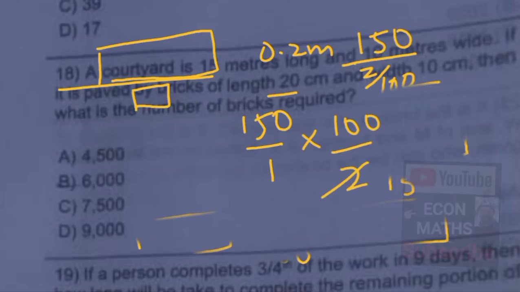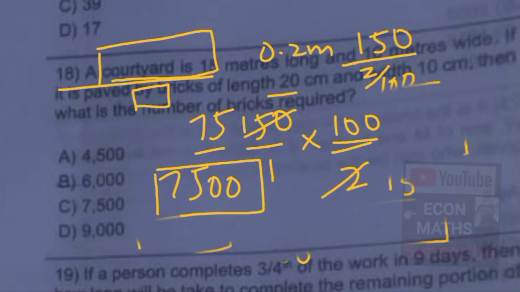So 2 ones are 2, 75s are, so we get 75 into 100, that is equal to 7500. So the number of bricks required to fill the courtyard would be 7500.